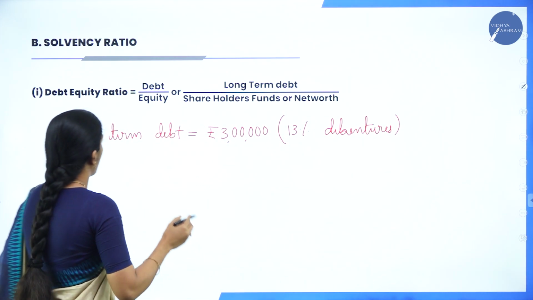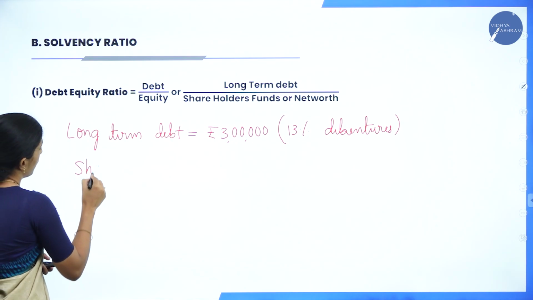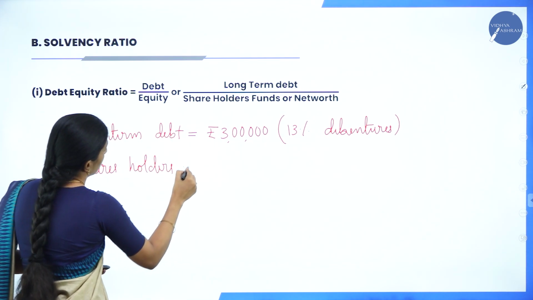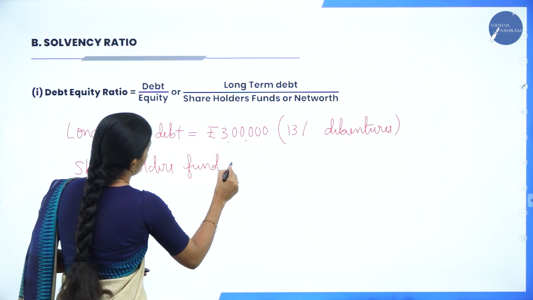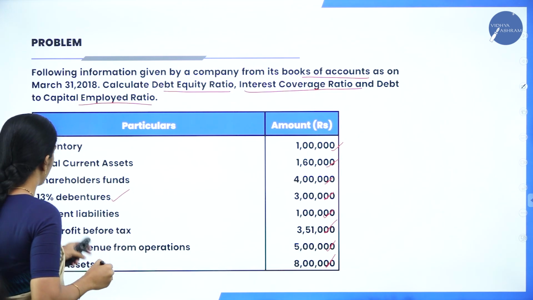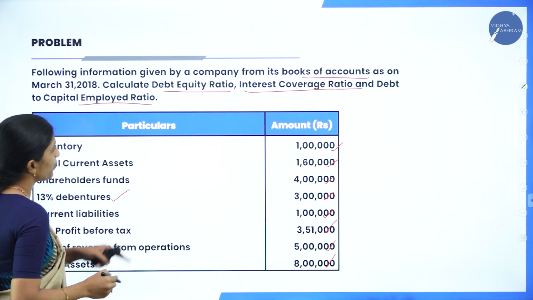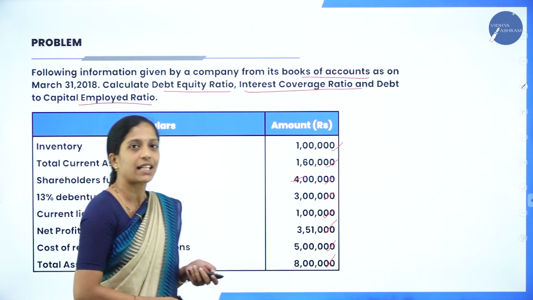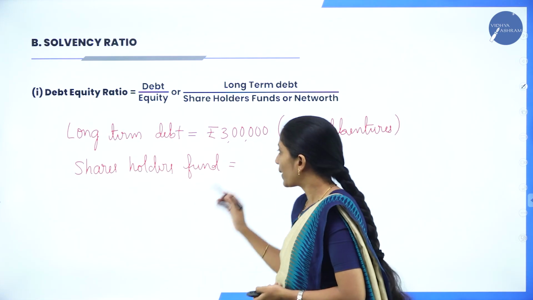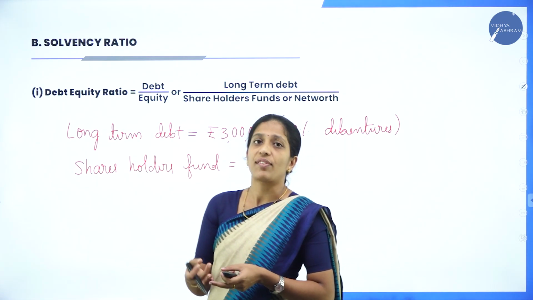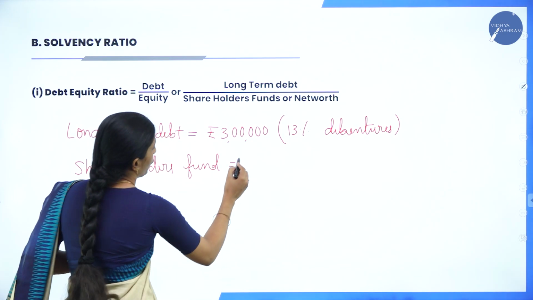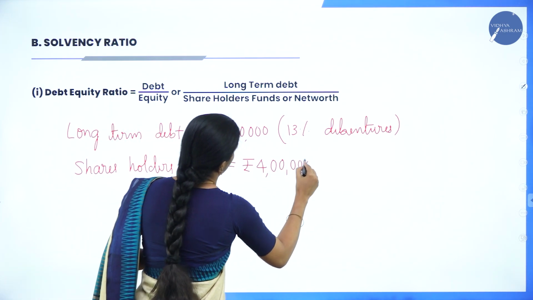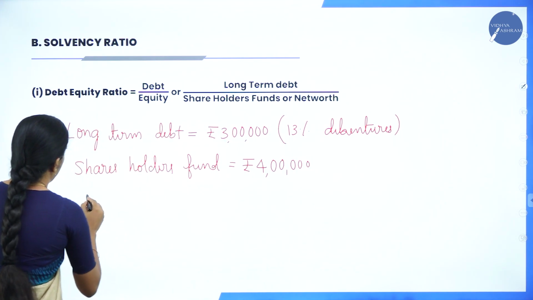Next we have shareholders fund. So shareholders fund is equal to, and this information whether we have shareholders fund, yes we have, that is rupees 4 lakh. Shareholders fund they have given us directly, that is 4 lakh. So we can apply here, shareholders fund has given directly rupees 4 lakh. Now we can apply the formula.